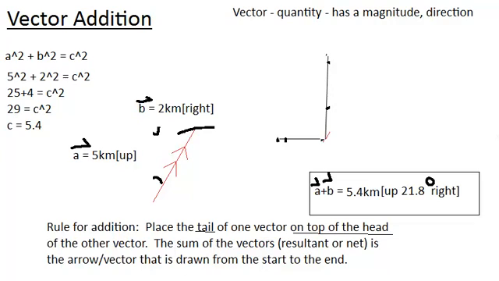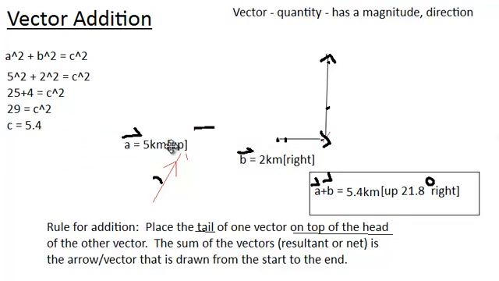So let me just draw it because the arrow is kind of demented now. So there you go. So we know this is A, and then this is B. Oops, so B is this one, and A is this one. So instead of placing B on A, we're placing A on B now.